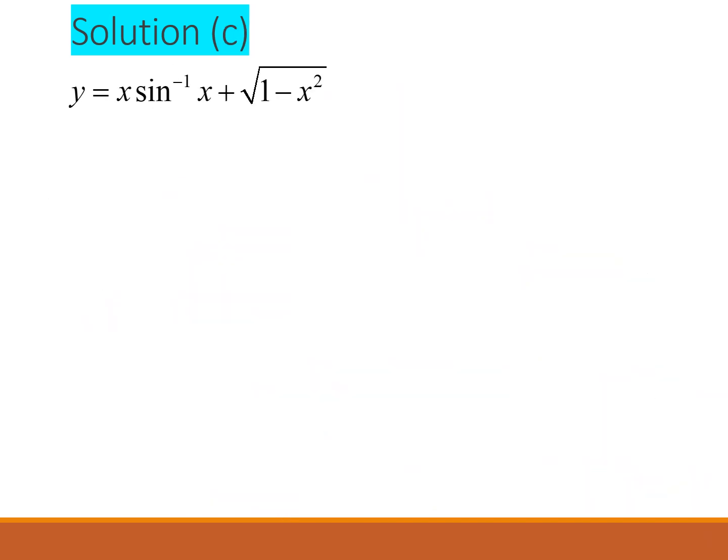For the last example, you have to find the derivative of y equals x times inverse sine of x, plus the square root of 1 minus x squared.